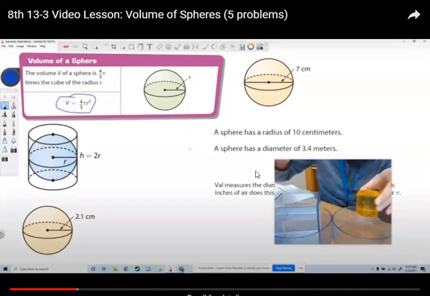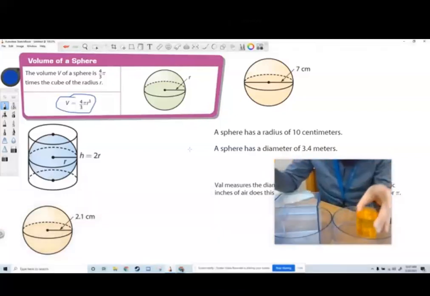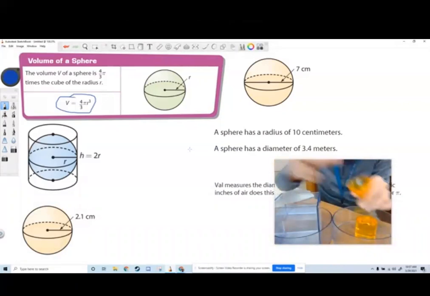Did you notice now? We fill the cylinder with 1 sphere and 1 cone. But don't forget that we have a condition: the same height and the same base or radius of the base. Right to the brim.